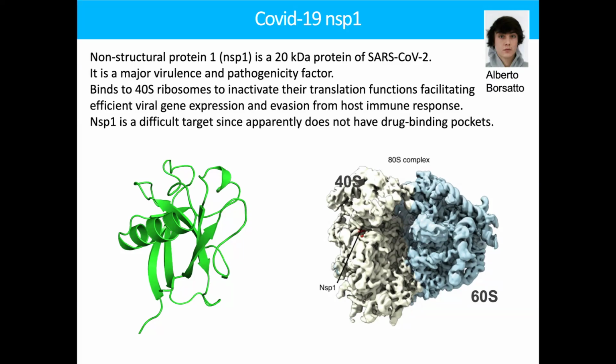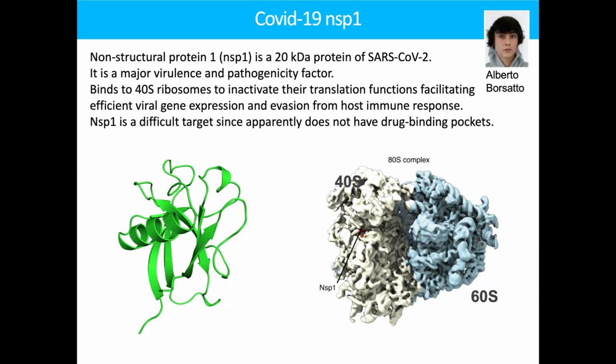It's a 20 kilodalton protein, which is a major virulence and pathogenicity factor, as it binds to the 40S subunit of the ribosome to inactivate translation, facilitating evasion of the host immune response. So it's like a cork that blocks the ribosome.